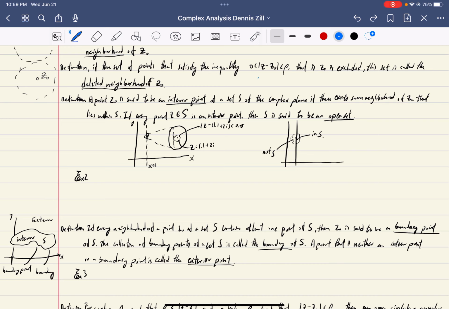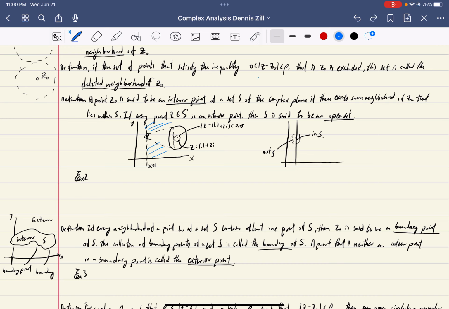If every point z element of S is an interior point, then S is said to be an open set. If we look over here, this is z, and we want to look at the boundaries.